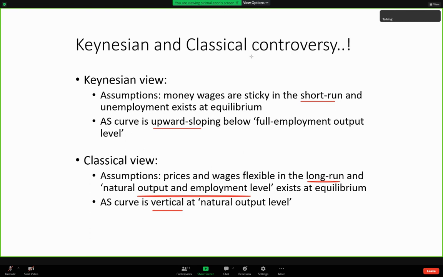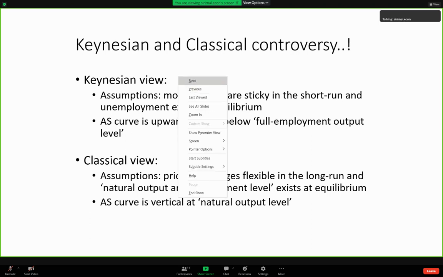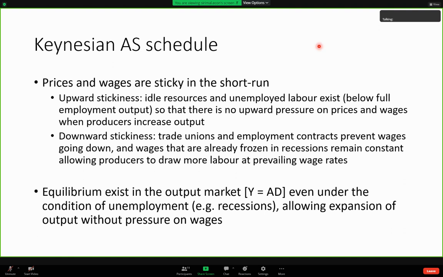So we will look at these assumptions in detail and how they are connected to our model. Keynesian AS schedule, first we take. The assumptions, two assumptions I mentioned. One is prices and wages are sticky in the short run.